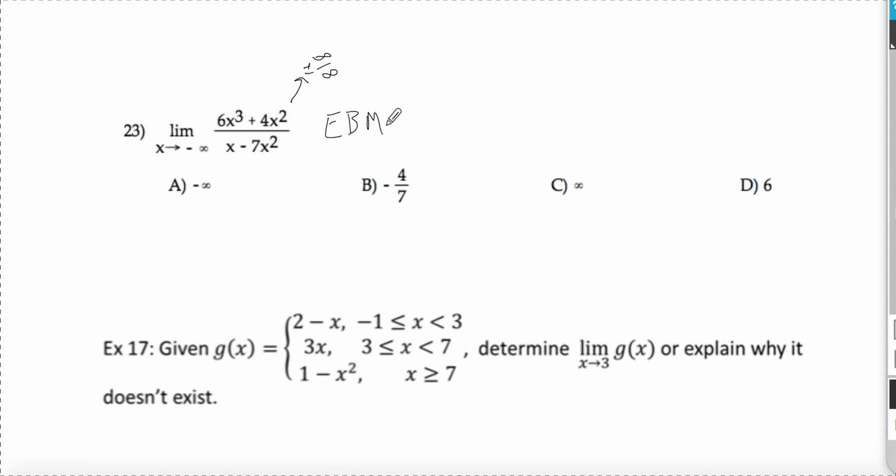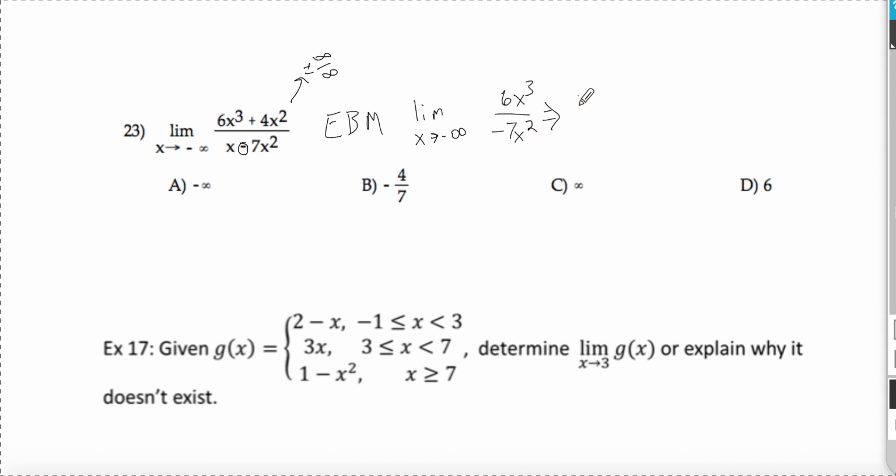Our end-behavior model would say, okay, this limit is actually going to be equal to the limit as x approaches negative infinity of what's going to dominate up top as x grows, 6x cubed will, over what's going to dominate down here, minus, we got to keep the minus sign, okay, got to keep my sign, minus 7x squared. Subtracting whatever that value is going to dominate underneath.